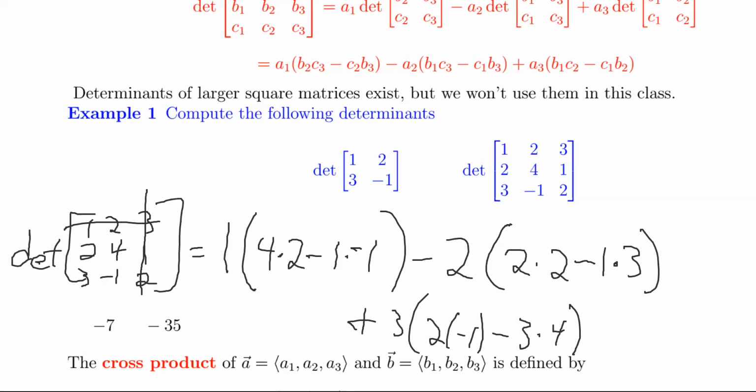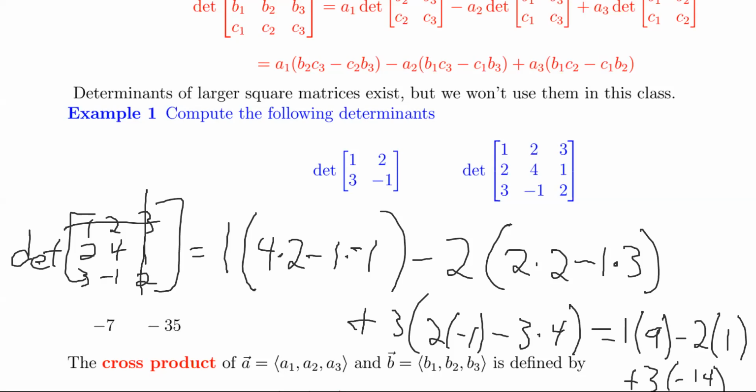So we get 1 times 8 minus -1 is 9. Then we have minus 2 times 4 minus 3 is 1. Plus 3 times -2 minus 12 is -14.